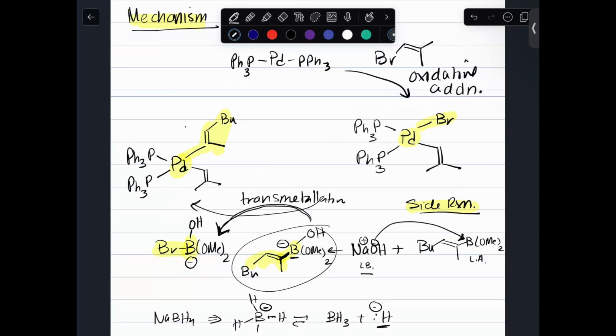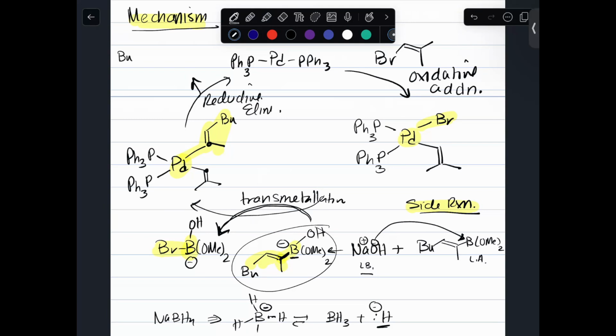And now it does a reductive elimination step and it regenerates our catalyst. And not surprisingly, it couples the two carbons. And so if we draw that out, I'll draw it up here.